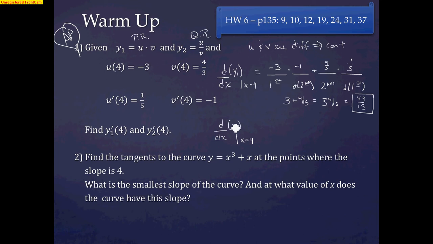So since y2 is a quotient, I need the quotient rule, which again never changes. This is high over ho.